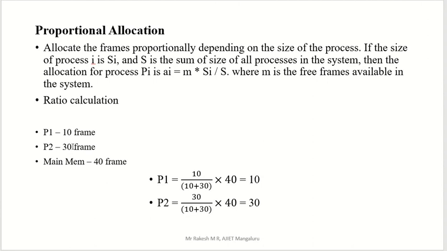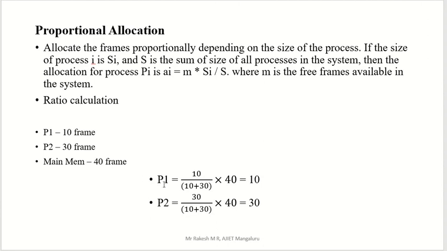But actually main memory has only 40 frames. Out of 40, P1 needs 10, P2 needs 30. By using another method we could allocate, because the demand and what we have present is the same, right? But by using proportional allocation we can't do that. We have to go for ratio.